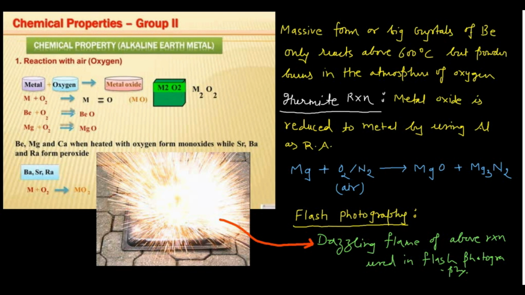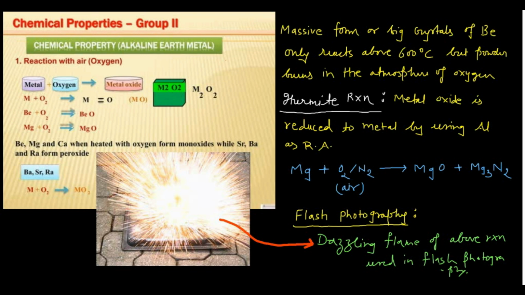At the start of the lecture I already told you that beryllium oxide is not alkaline, that's why it is excluded from the list. Actually it is not a true alkaline earth metal, right? This I have already explained to you. And see, the basic strength of these oxides increases as we go down the group. This I have already explained to you.